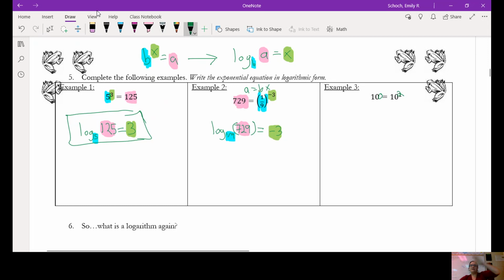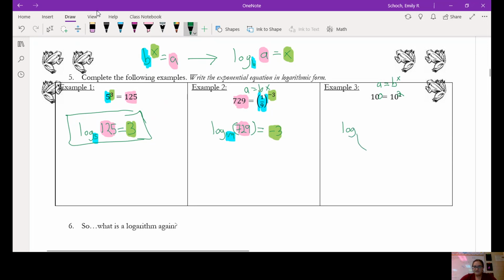Again, things are in the opposite place, right? Our answer is first, equals b to the x. So first I start off by writing the word log. Normally the next thing I would do is put a little 10 down here, except I am not going to do that. 10 is the default base of logarithm.